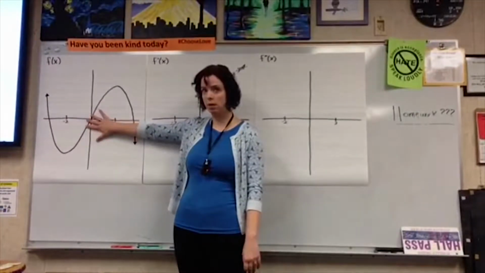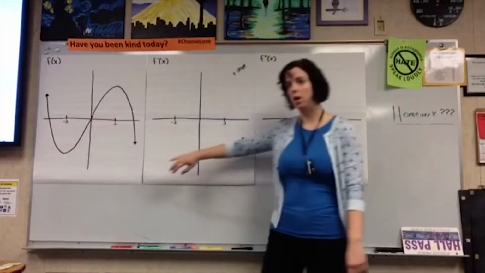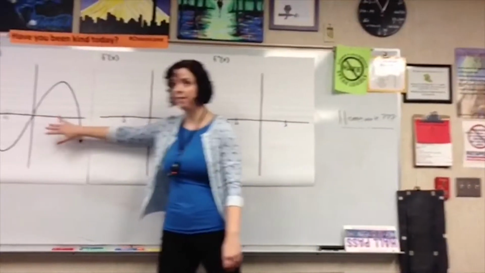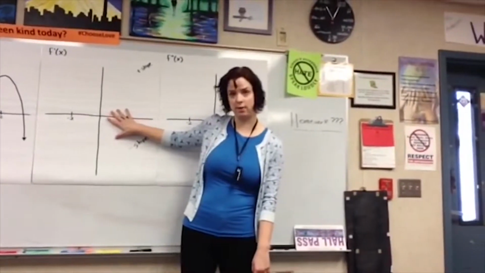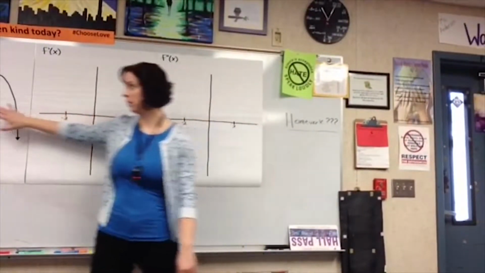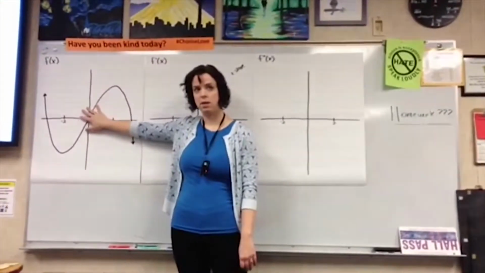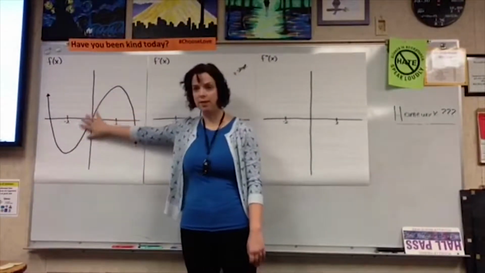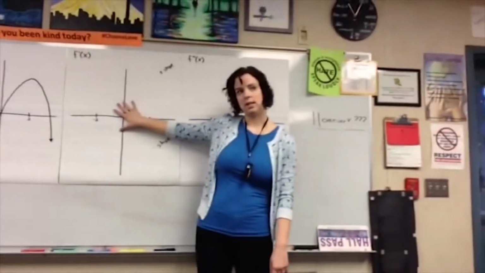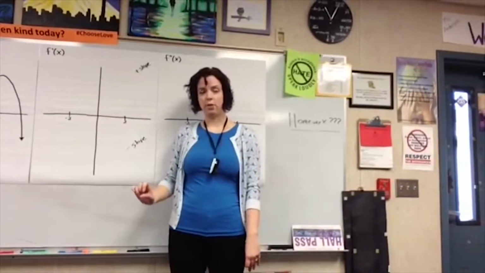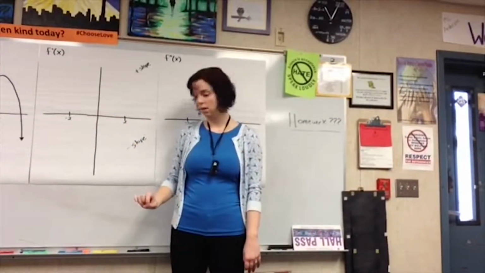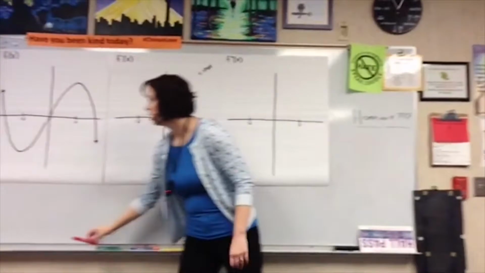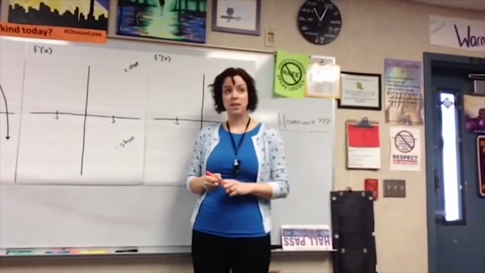Okay. So you're given a graph right here. Just looking at this graph, what do you know about this graph that relates to the first derivative graph? What do you remember we've learned about looking at this picture, this graph here, that we can relate to the first derivative graph? Rona? The minimum, maximum have a slope of 0.